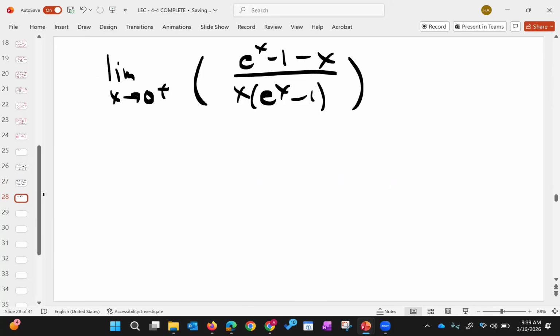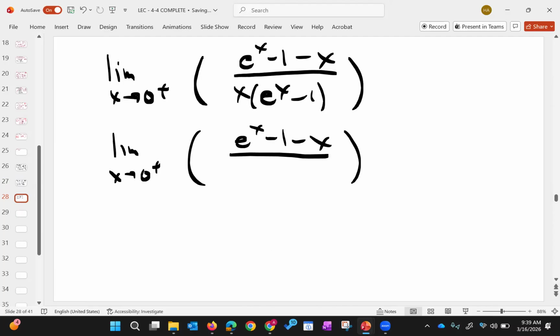If you want to, you can verify that we have either 0 over 0 or infinity over infinity as a ratio. But we verified that we had infinity minus infinity before, right? So it has to pull through correctly. The only other thing I would change before taking a derivative, since I don't want to take a product rule, how about we just multiply through the x on the bottom?